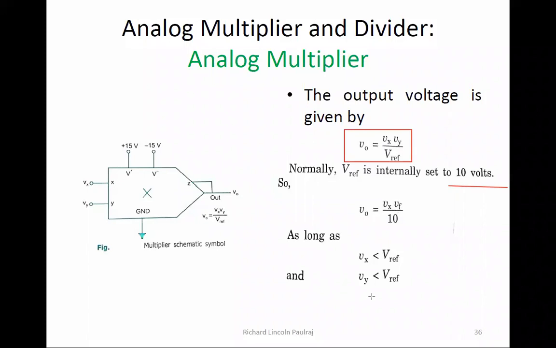As long as these voltages are less than 10 volts, this holds. Suppose it becomes greater than 10 volts, then the output voltage would change altogether. Just try to divide a smaller numerator by a larger denominator, and using the same numbers, reverse them and do the same division.